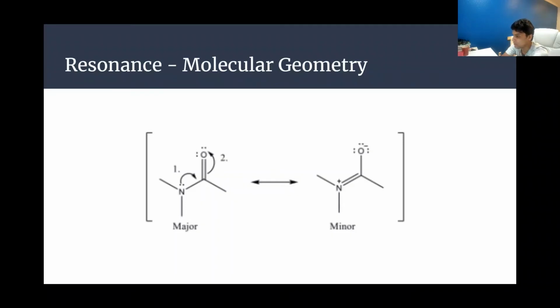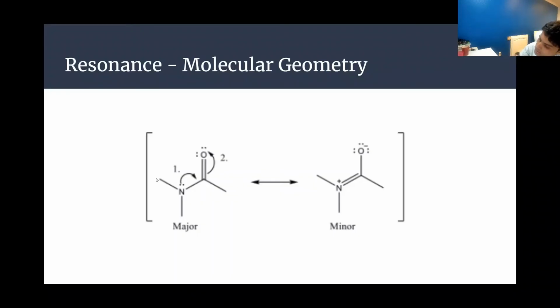So, molecular geometry and resonance. Over here, ignore major and minor, we see that this nitrogen atom has a lone pair, and you'd think it's sp3 hybridized and the geometry is trigonal pyramidal.